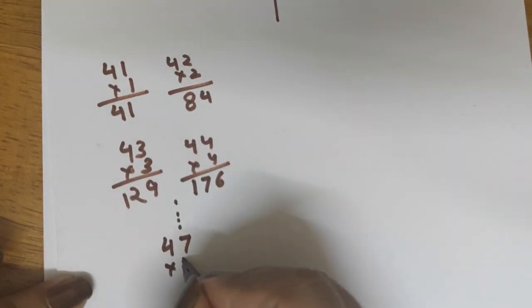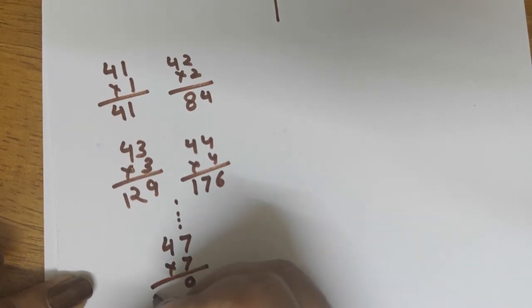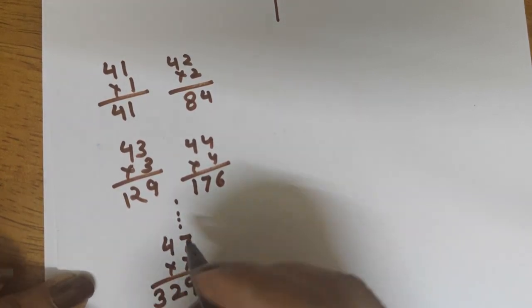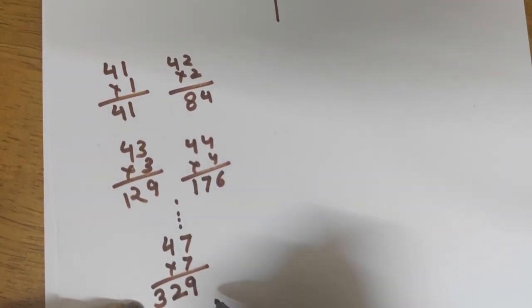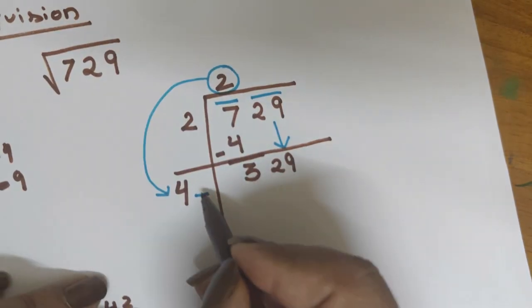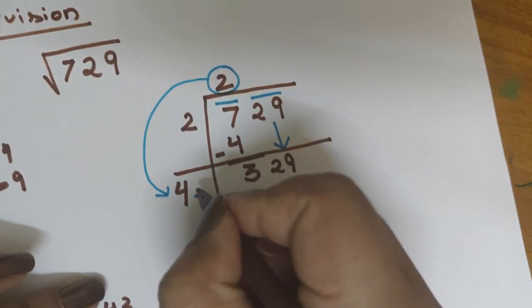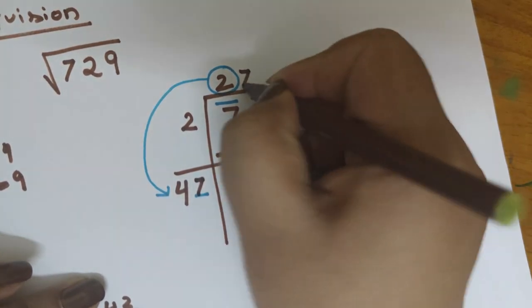So you see, when I multiplied by 7, I get 329. That means the number I was searching for was 7. So I will place 7 here as well as here.